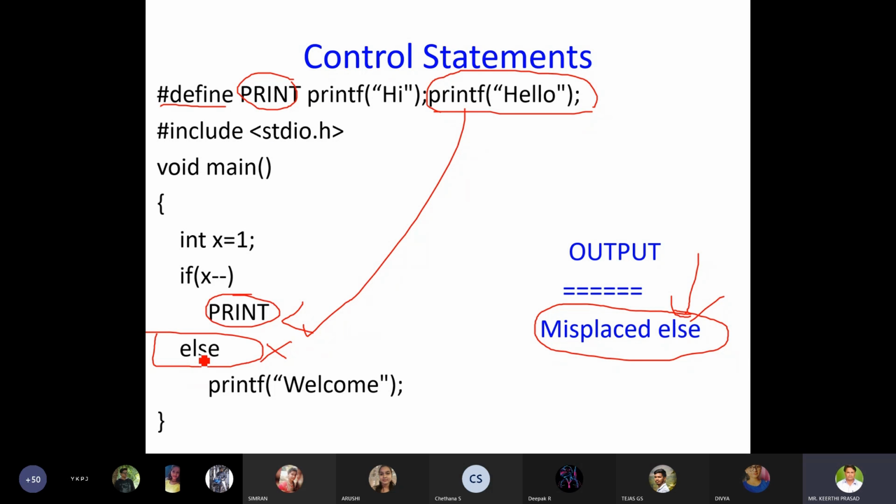In this, there is no compilation error. If x minus minus, followed by printf hello, followed by printf welcome.